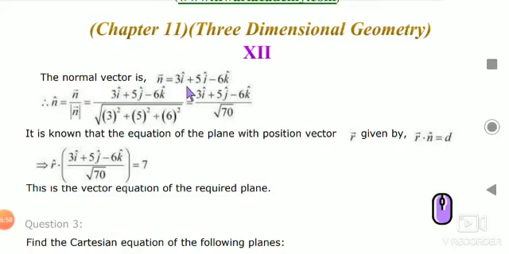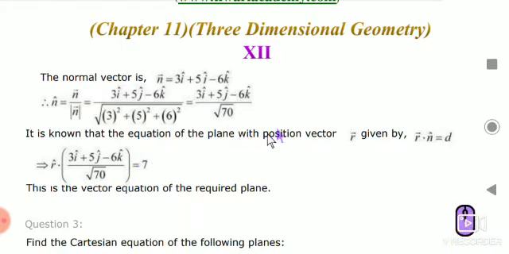Let me find it. The given normal vector n is equal to 3i plus 5j minus 6k. Therefore, n cap is given by the formula vector divided by its magnitude. That is 3i plus 5j minus 6k divided by square root of 3 square plus 5 square plus minus 6 square. That gives 3i plus 5j minus 6k divided by root 17.